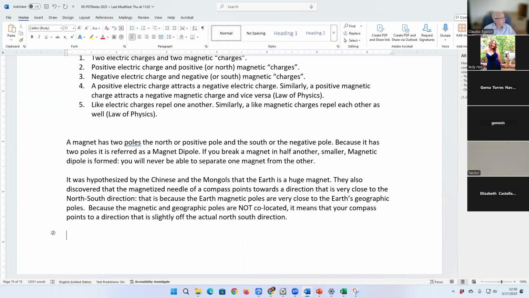Depending where you are on the Earth, this difference can be of 12 degrees. Depending on what position you are, right? This difference can be even more than that, can be even 180 degrees, okay? If you're nearby the poles, that difference can be 180 degrees.